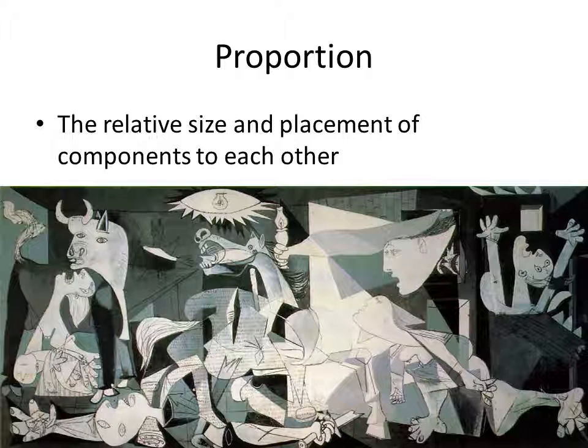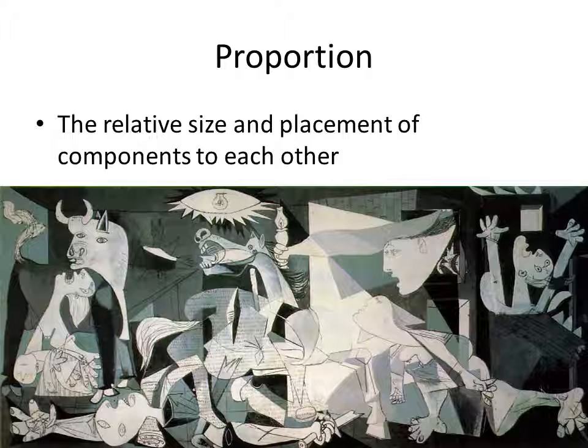Proportion is described as the relative size and placement of components to each other. This example of Guernica by Pablo Picasso is showing very nicely how he has subverted proportion. He's made things out of proportion. That's quite a trademark of his, and in doing so generates something unique that is quintessentially Picasso.